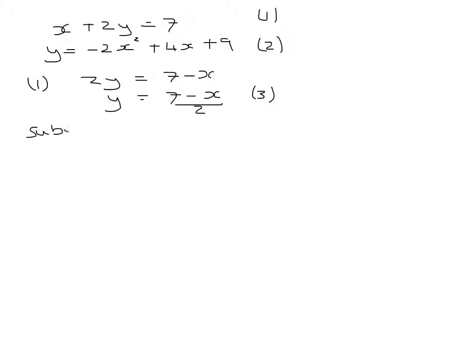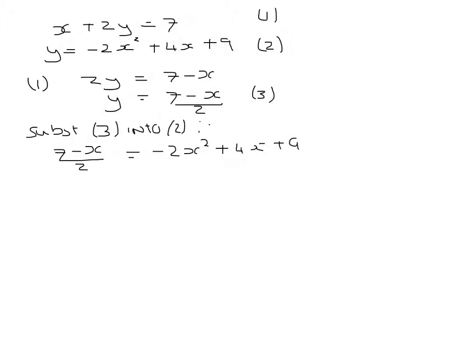Now what we'll do is we'll substitute 3 into 1. Nope, sorry, I was wrong there. We're going to substitute 3 into equation 2 because we've already used 1. So now instead of y equals, it's going to become (7 minus x) over 2 equals negative 2x squared plus 4x plus 9.